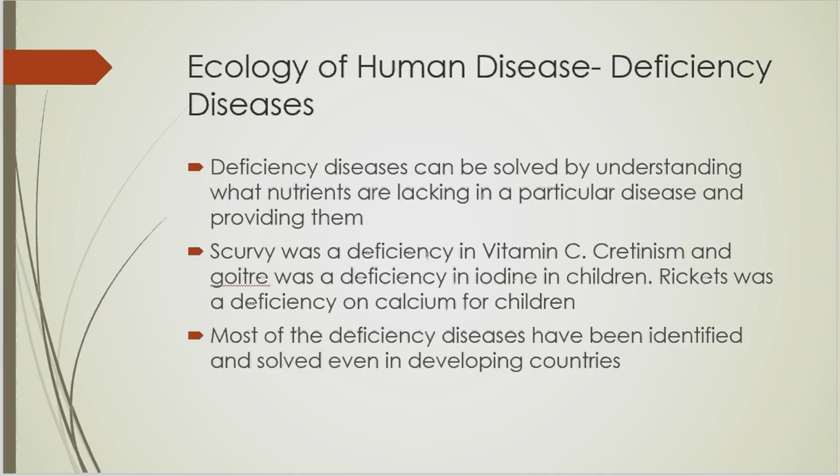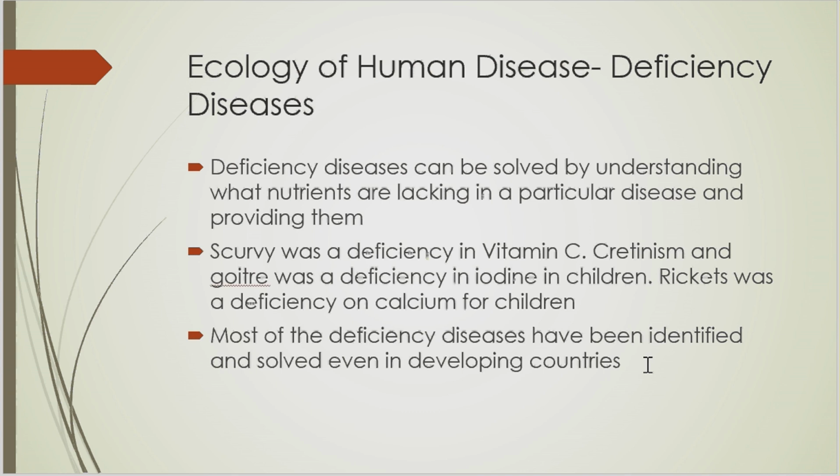Deficiency diseases are the sorts of diseases that low-income countries tend to be more vulnerable to than middle-income and high-income countries. Most of the deficiency diseases have been identified, and quite often there are fairly low-cost ways of defeating these deficiency diseases, and they have been applied even in low-income countries.